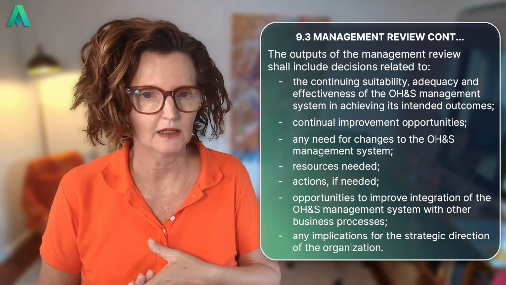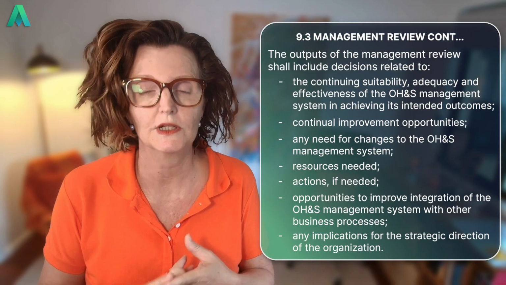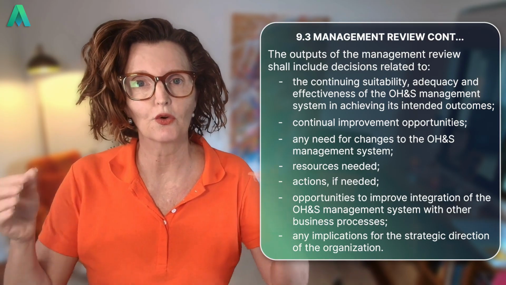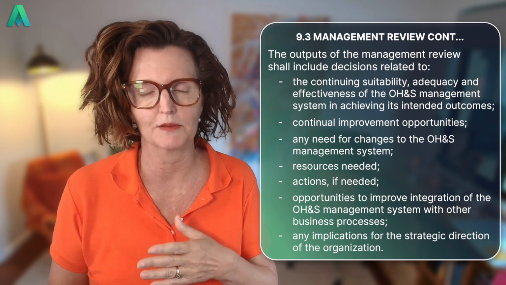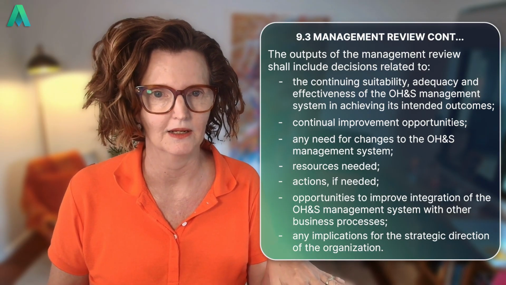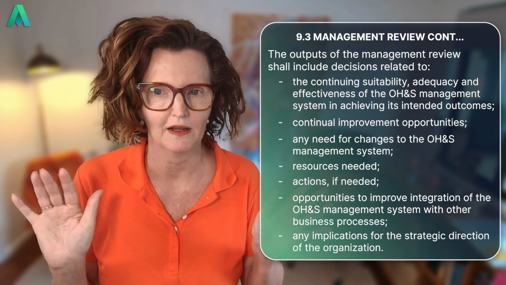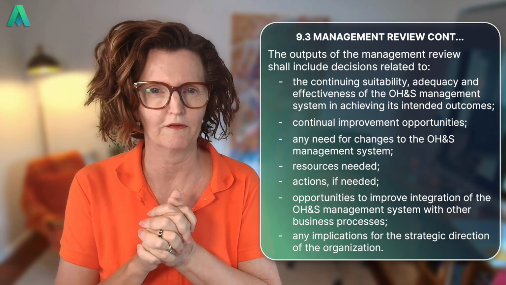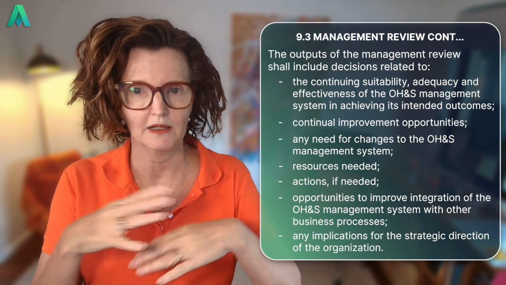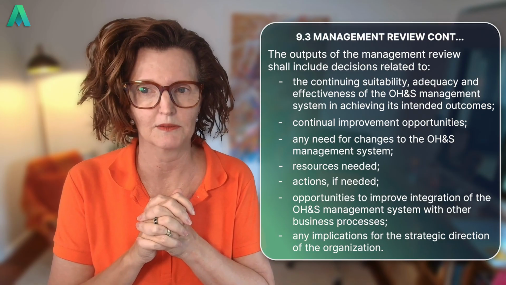Then the second last bullet point is opportunities to improve the integration of the OH&S management system with other business processes. Love that. We can never have too much of that. That does pop up earlier in the standard, it must be around clause 4.4, where it talks about integrating the OH&S management system.